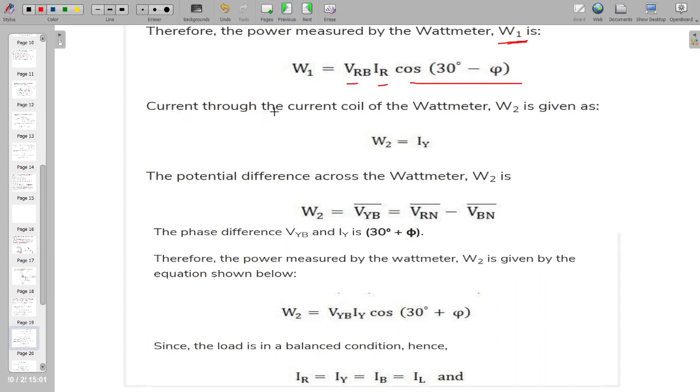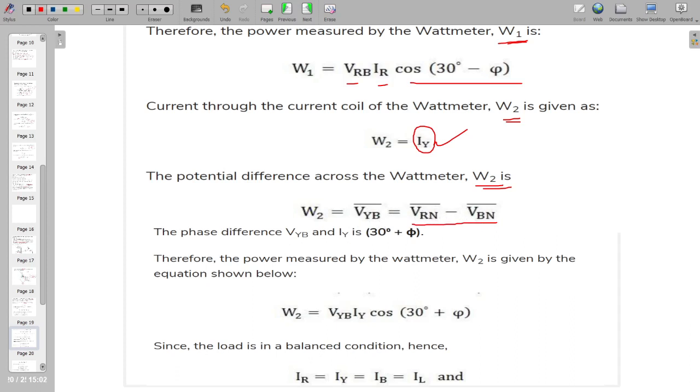The current through the current coil of wattmeter 2 is IY, because it is connected in the line of Y. The potential coil of wattmeter 2 is connected between Y and B, so with the help of phasors we can write VYB as VYN minus VBN.